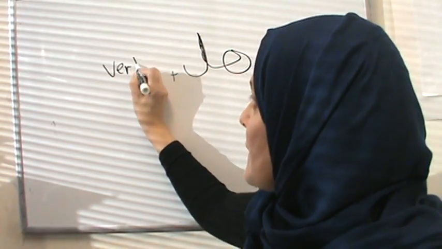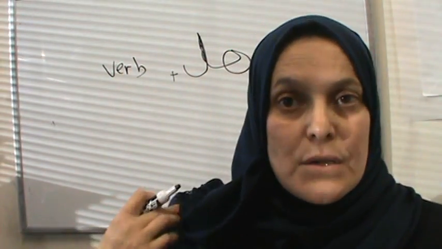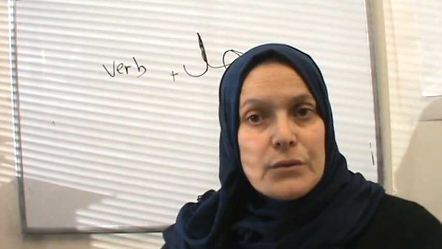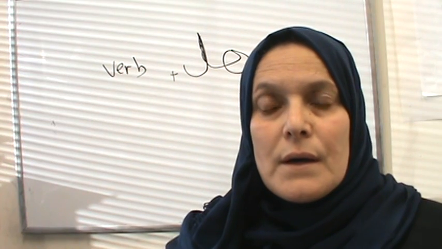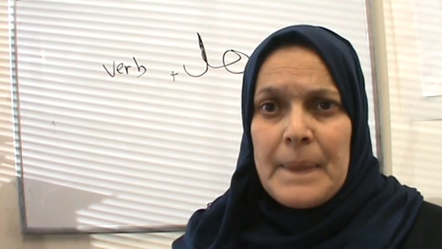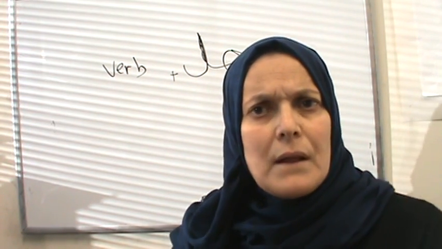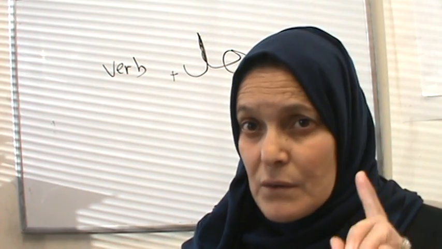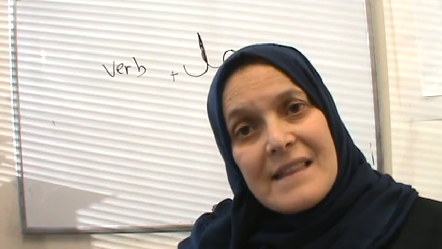Let's say I want to ask, do you live? Let's keep it simple and just practice your question with only one verb in the beginning, and then you can use other verbs.